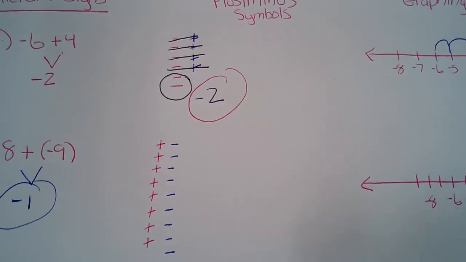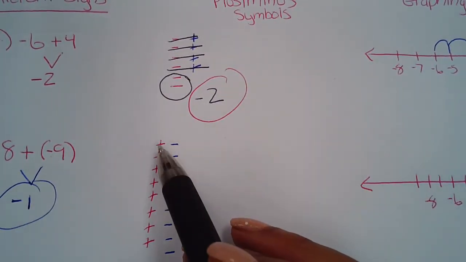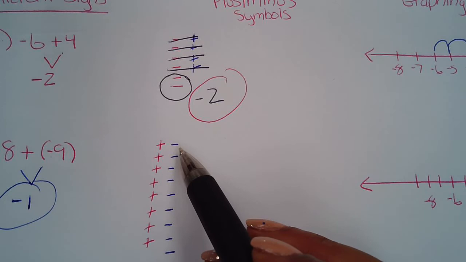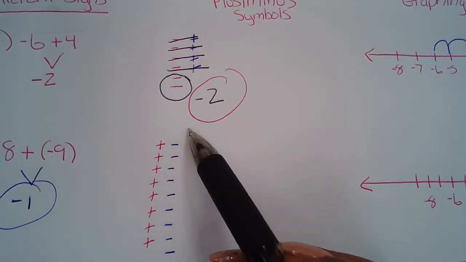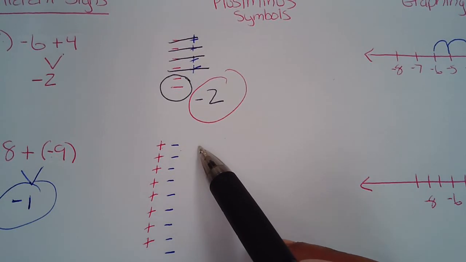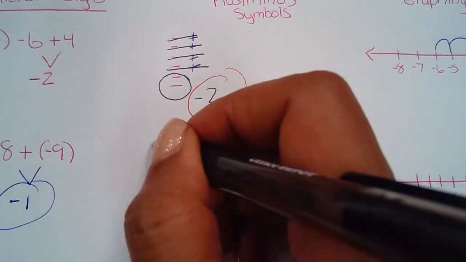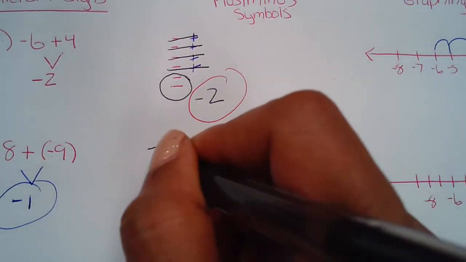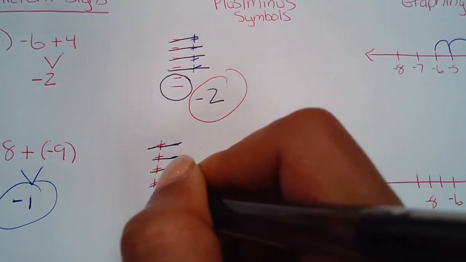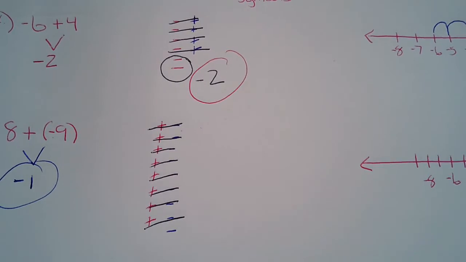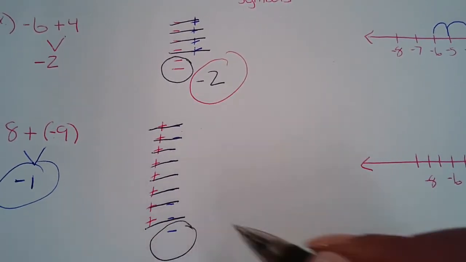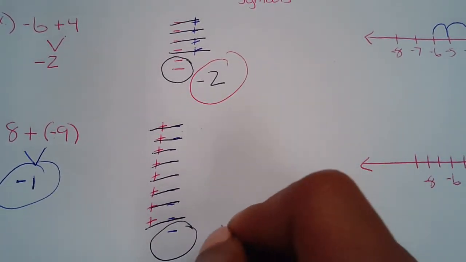Just like we mentioned in the previous example, wherever you have a plus and a minus, they cancel out. Again, it's like me giving you $1 and taking that dollar back. Now you have nothing. And in mathematics, we say that cancels. So I'm going to cancel those out everywhere I have a plus minus. And then obviously you can see I'm left with 1 negative.